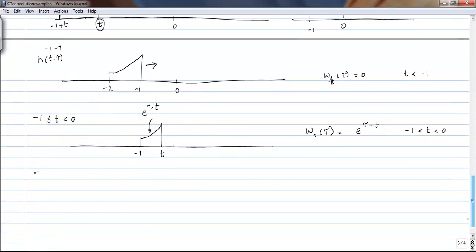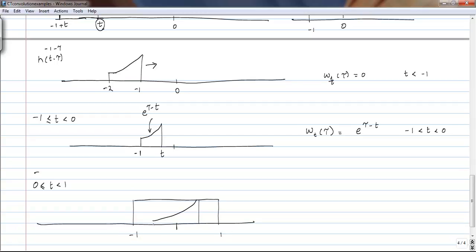So the next range I want to consider is t between 0 and 1, and in this range I have x of tau which looks like this, between minus 1 and 1, and I would have something like this for h of t minus tau.